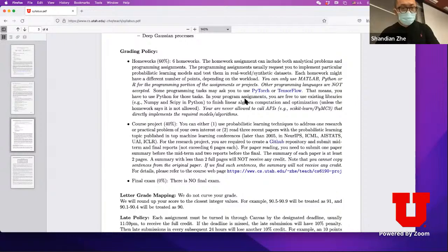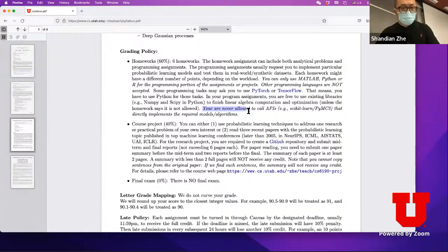We request you to use efficient, mature libraries like NumPy and SciPy to do those things. Right? If you use MATLAB or R, they have already supported all the matrices and vectors, even tensor operations, right? But you can only use these numerical linear algebra libraries. You cannot use more advanced libraries unless we mention that.